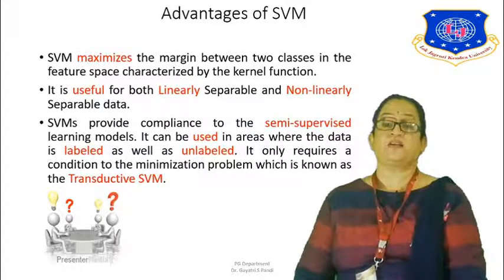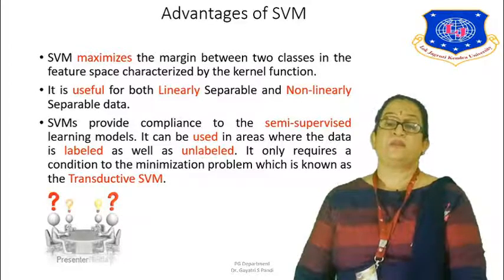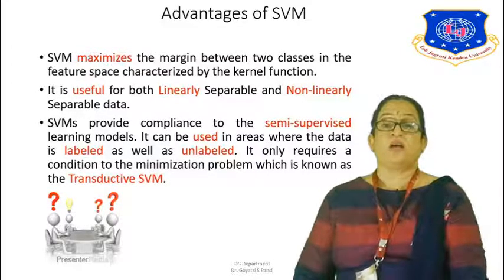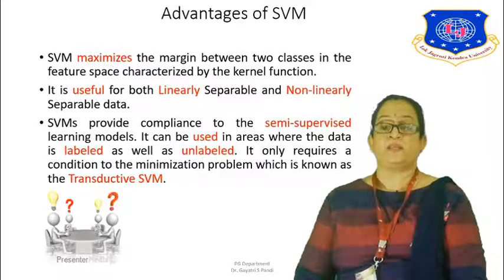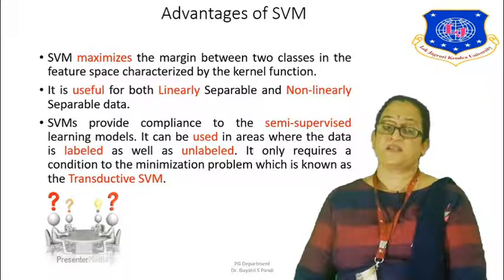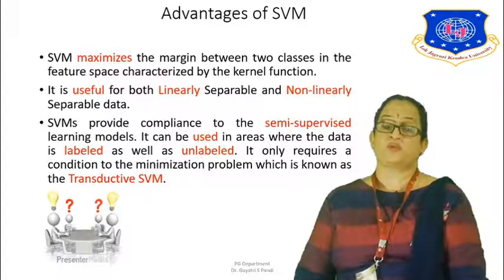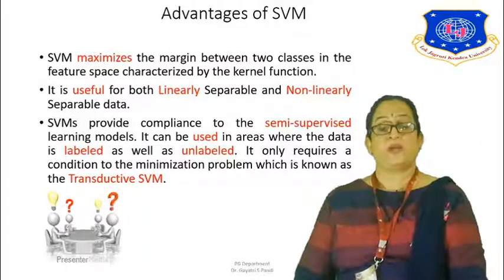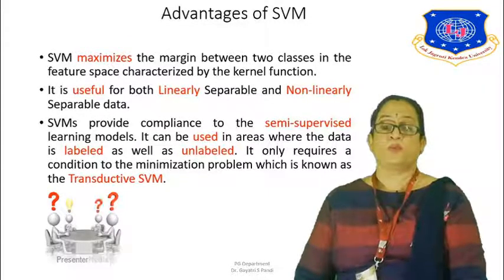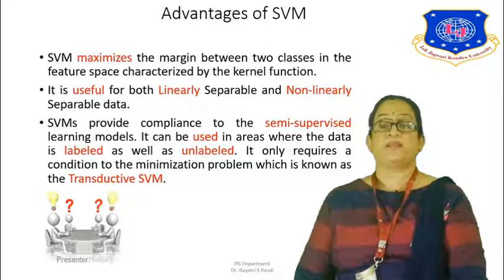It has various kernel functions, and at times it becomes a problem to decide which kernel function works the best. So it is basically useful for both linear separable and non-linear separable, as we have seen. And SVM provides compliance to semi-supervised learning models also. Right? It can be used in areas where the data is labeled as well as unlabeled. It works with both supervised as well as unsupervised, that is semi-supervised.